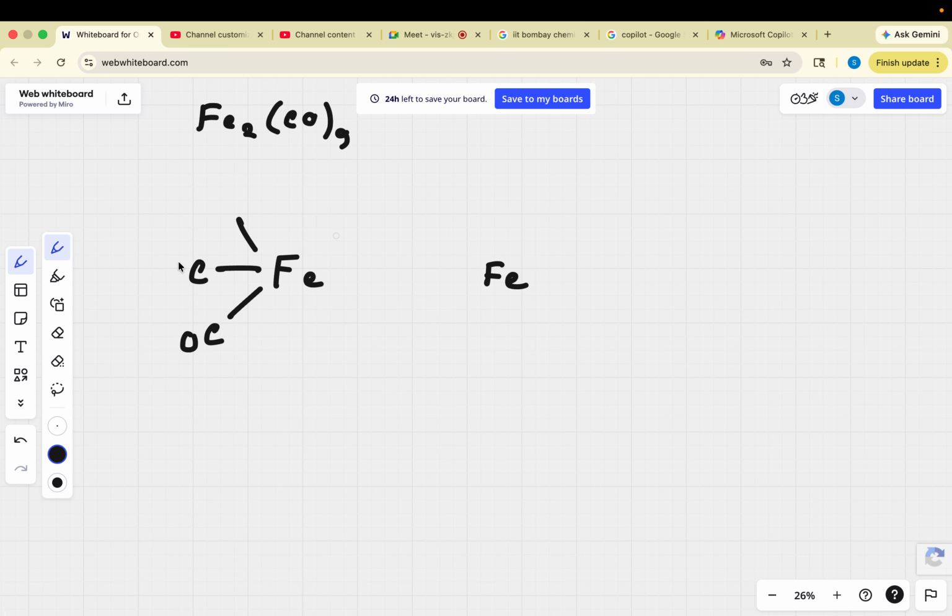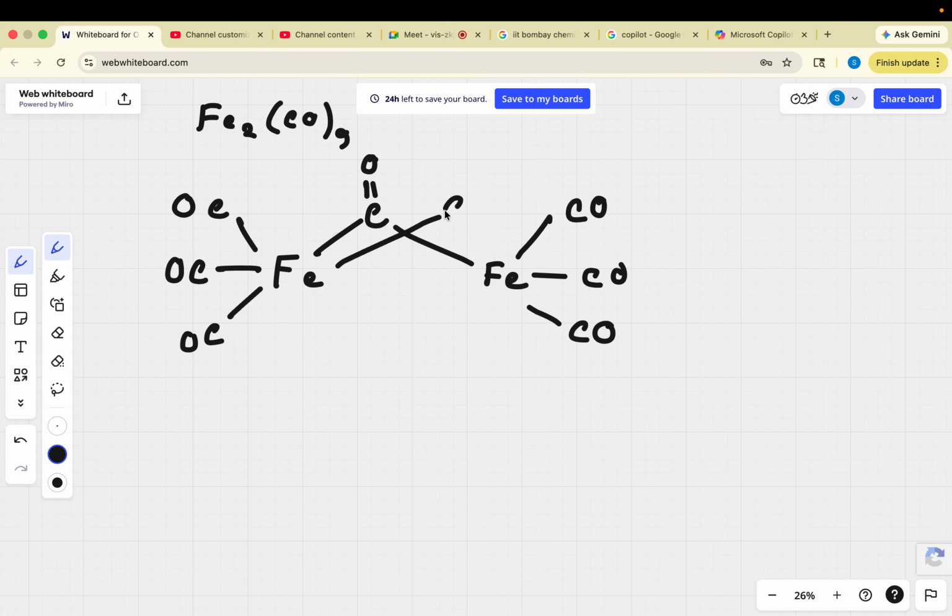Now 3 CO you have to place here, 3 CO here, and 3 CO will do bridging. So this is the structure of your Fe2(CO)9 compound, right?